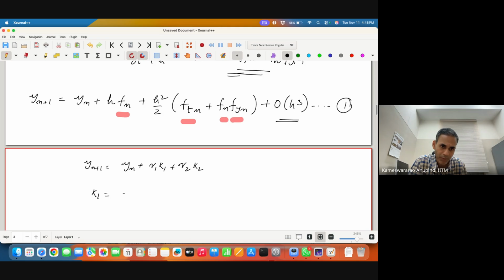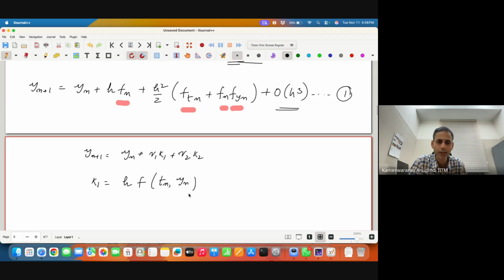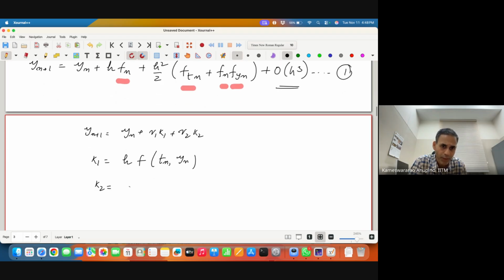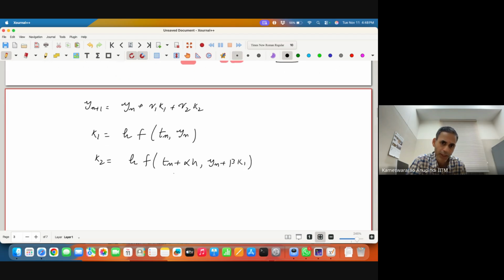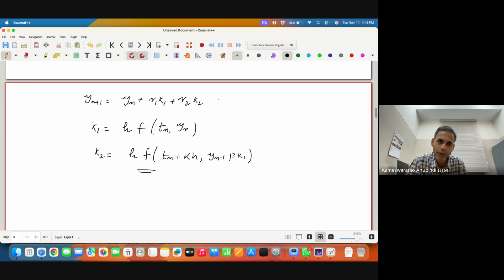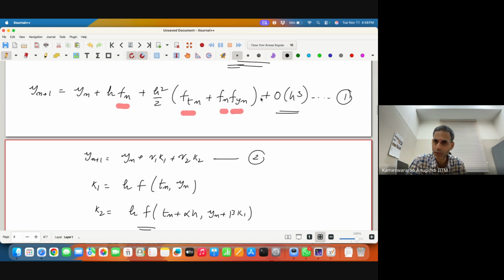K1 itself is h times f of t_n, y_n, and K2 we have written as h times f of t_n plus alpha h, comma y_n plus beta times K1. Now, eventually, I want to compare equation 2 with equation 1, so that I can calculate what is gamma 1, what is gamma 2, and what is alpha, what is beta.